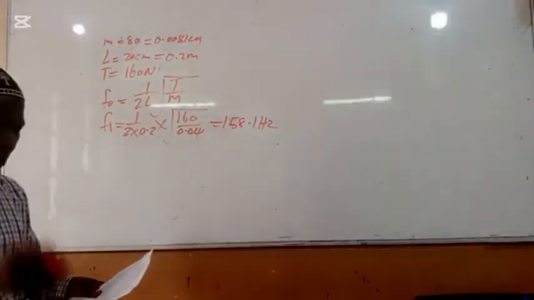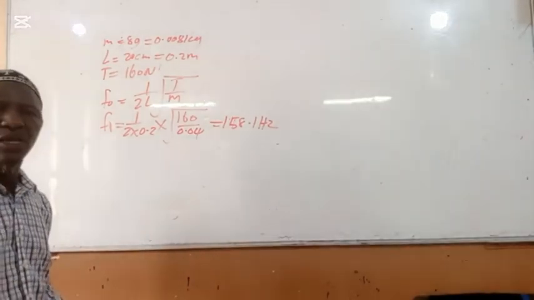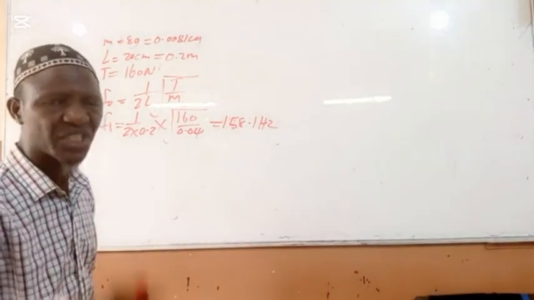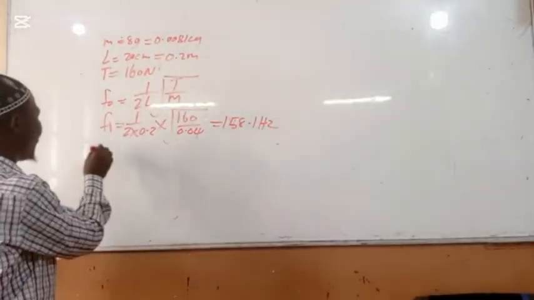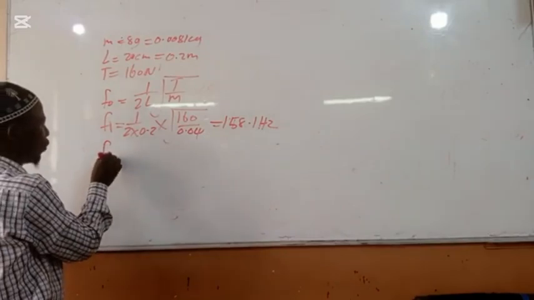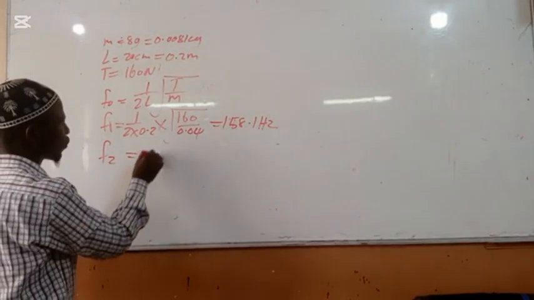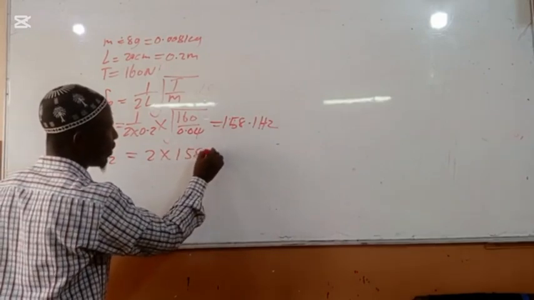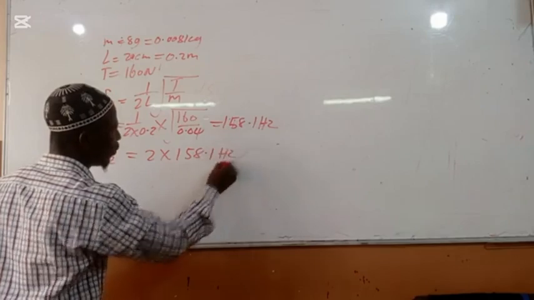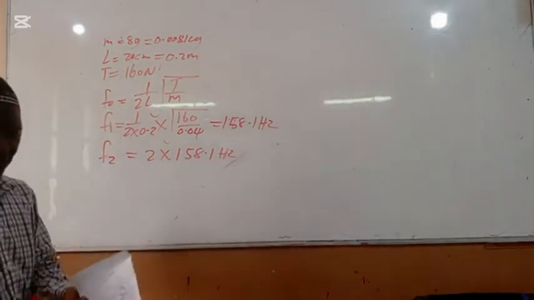So we are looking for the frequency of the first overtone. And the first overtone is the same thing as the second harmonic. So what you just need to do is multiply this one by 2. Therefore, our F2 is equal to 2 multiplied by 158.1 Hertz. So whatever you get is your final answer under that.